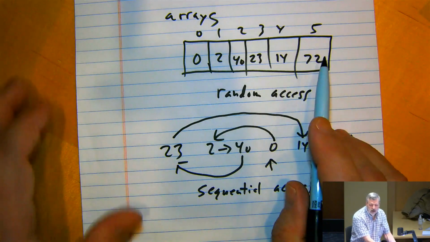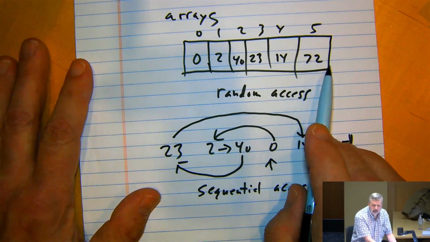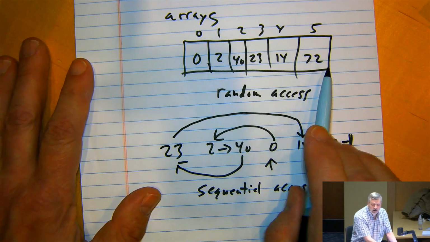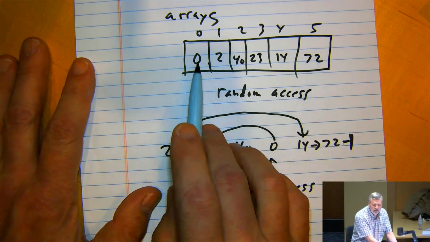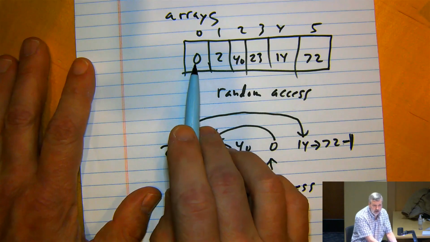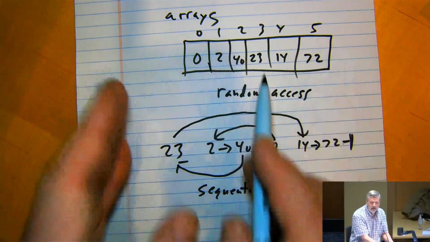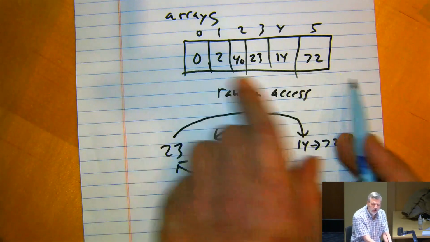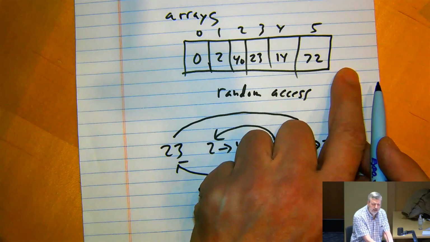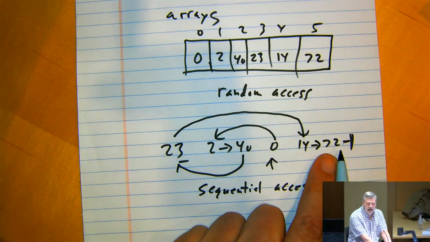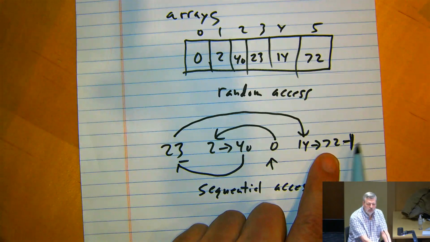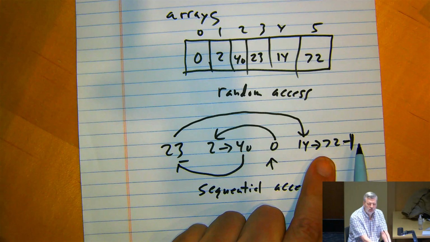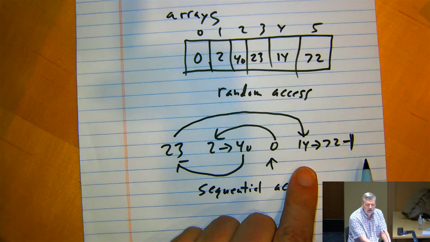And if we wanted to add something at the end, this, by the way, if you wanted to remove at the front, the same thing would be true, that we'd have to shift everything over. If you wanted to add something at the end, well, if the structure is full, it's hard to add to the end. Here, it's very easy to add to the end because, again, we just rearrange links. Instead of having this go to a terminator, it could go to some other value, which then is followed by a terminator.